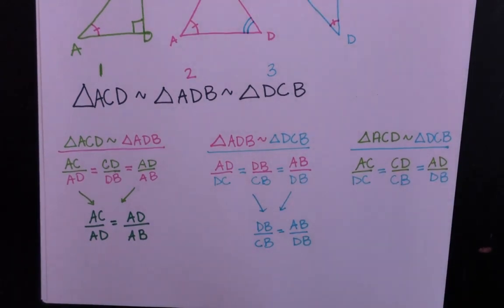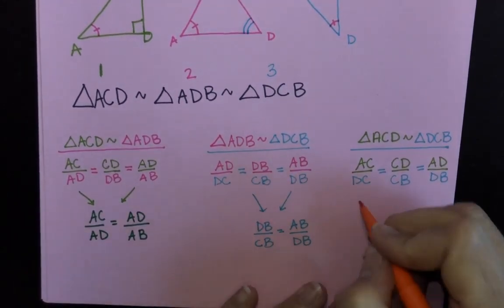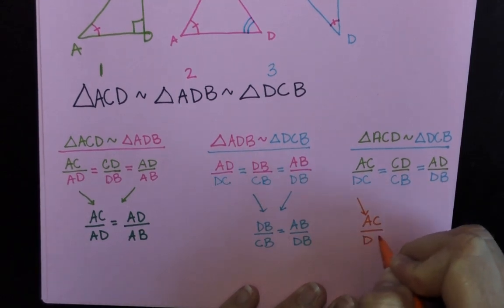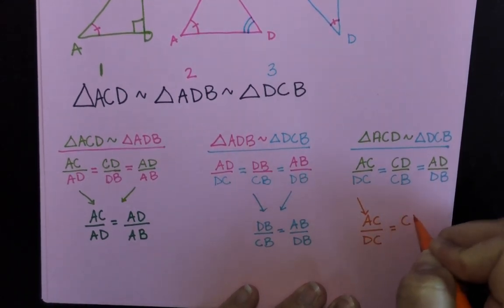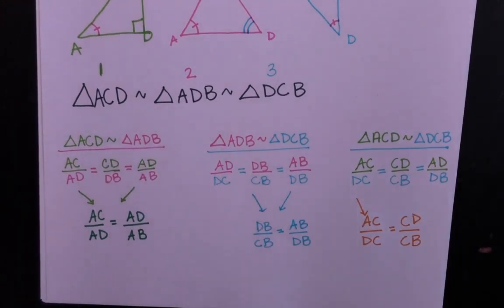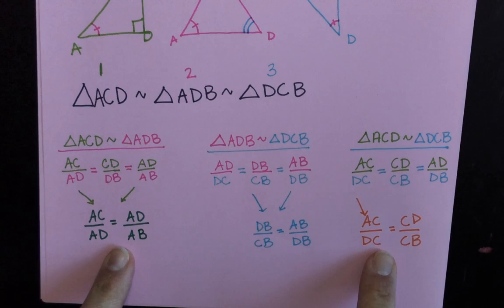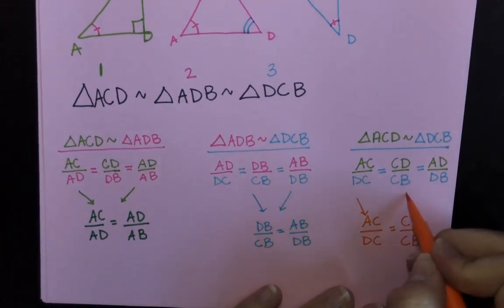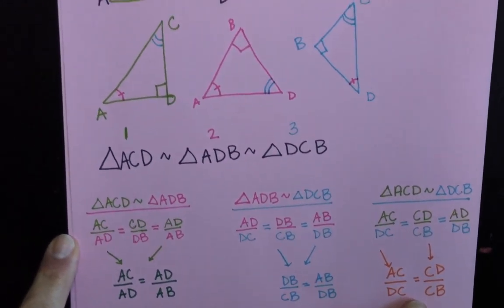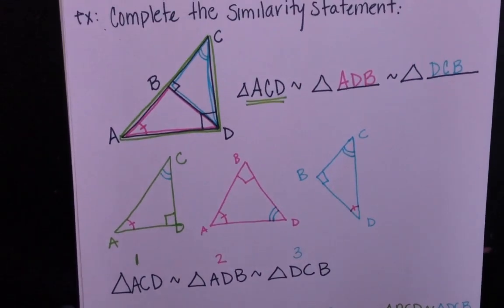So these guys, when we bring them together, we end up with AC over DC and CD over CB. So what we have in these proportions are these repeated segments. So let's just go back and figure out where CD was.